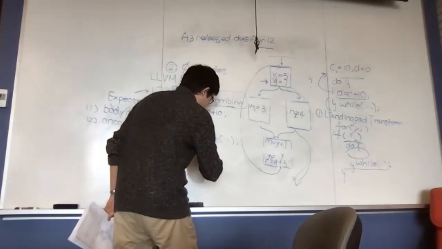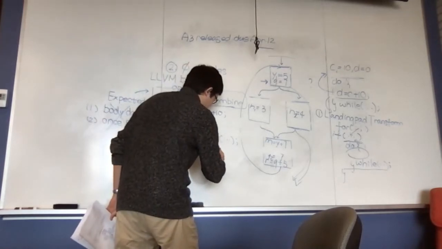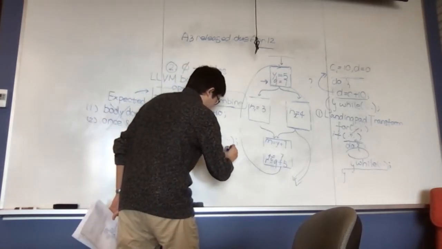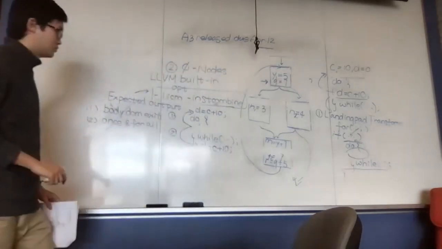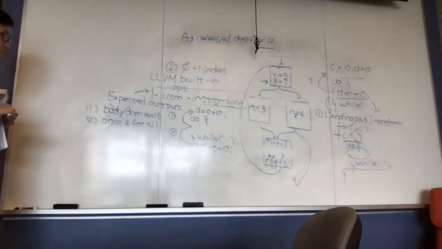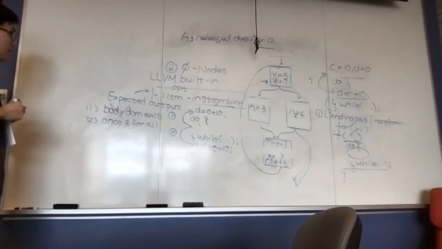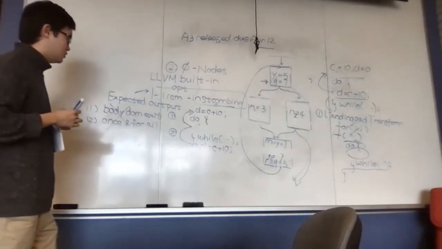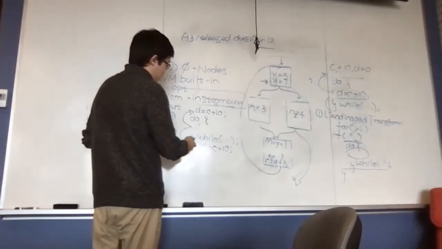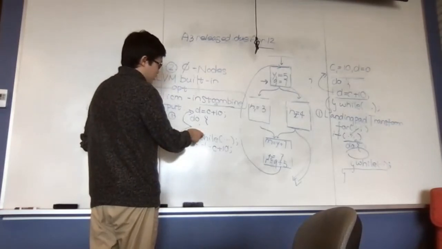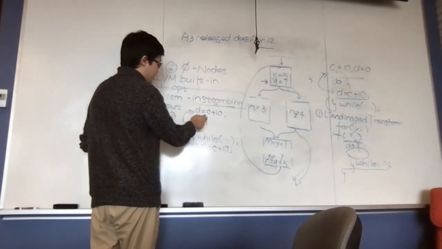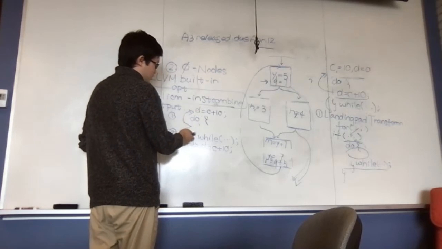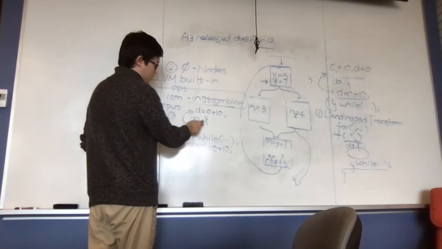On the other hand, if we sink it to the loop exit here, what happens in this case is that during the loop iterations, we'll have an extra free register for handling all the variables within this loop.